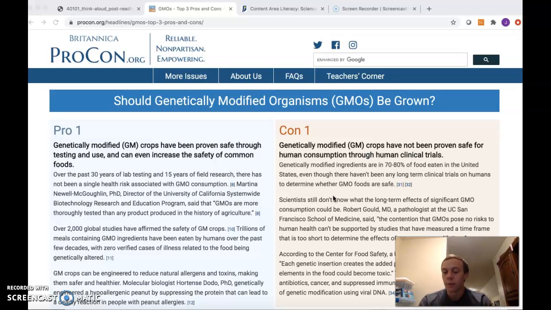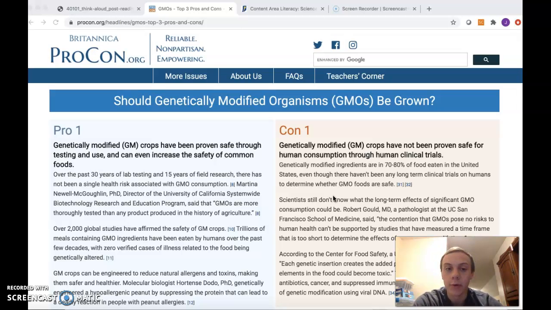So through this, we're going to want to be able to synthesize an exit slip to summarize the most important information from this article we read. And we also are going to have a little bit of discussion based off of these exit slips to help us dive into the controversy in a way that is respectful of each other, but also helps us further understand the topic of GMOs and how it relates to biology and ecology and the interdependence of organisms.